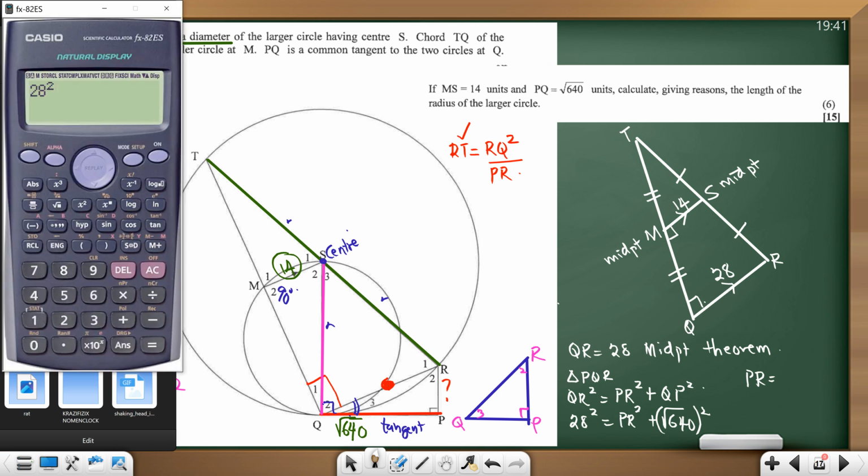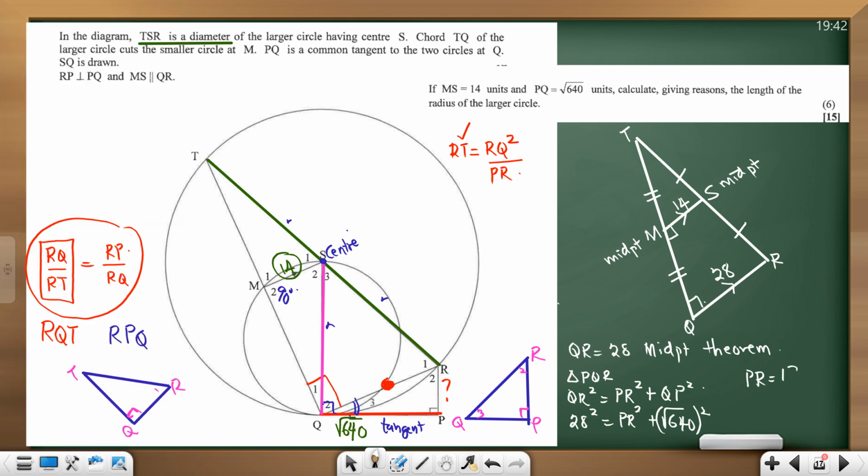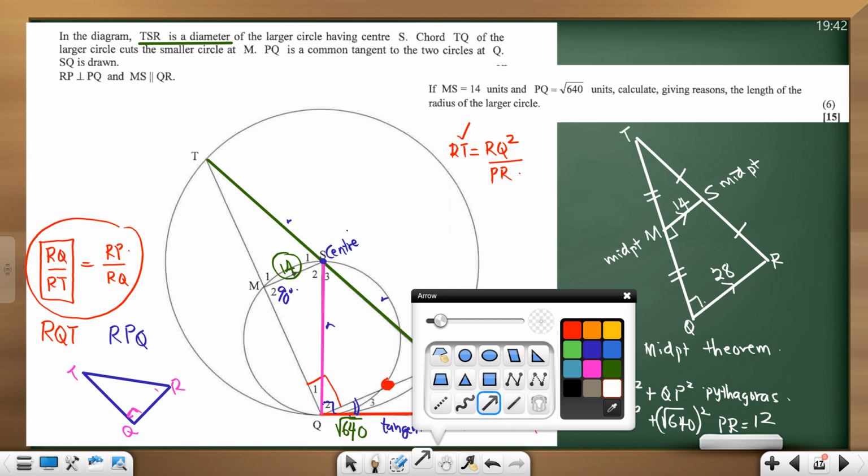So 28 squared minus 640, because the root cancels that. Ah, beautiful. And then I look for the square root of that. PR is 12. Please make sure you write the reason here. Pythagoras. PR is 12.